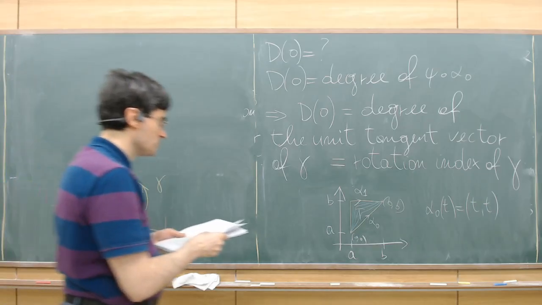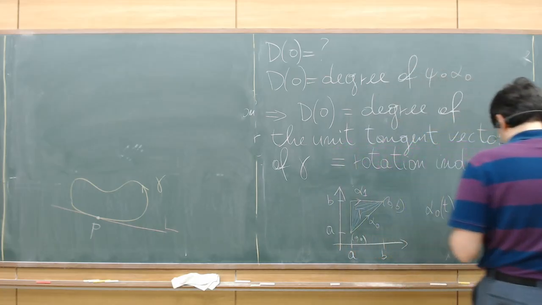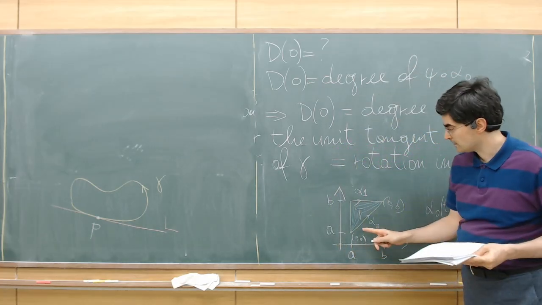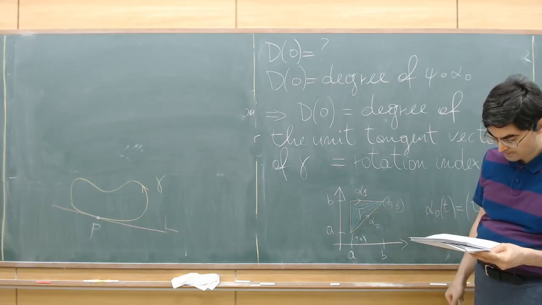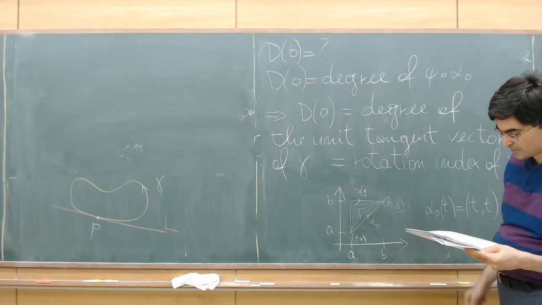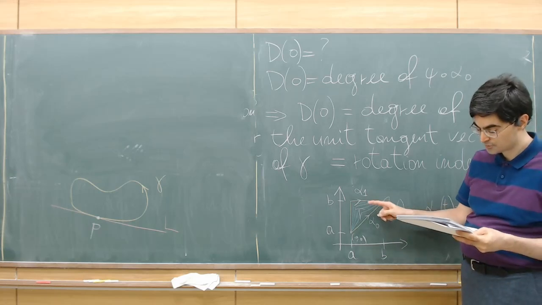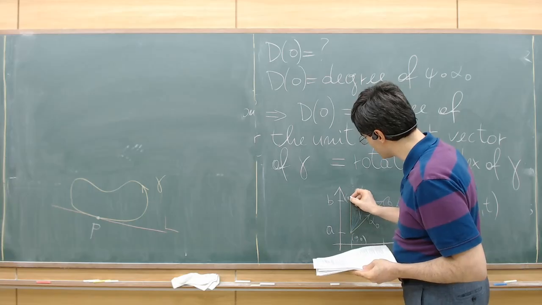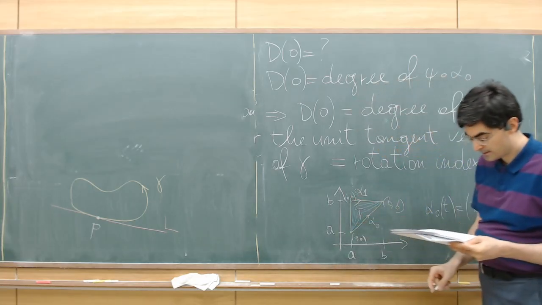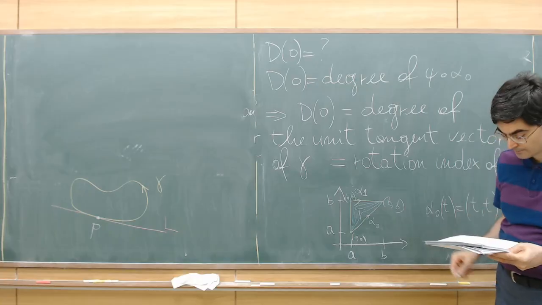Okay, now let's observe the parameterization alpha 1. So alpha 1 goes first from (a, a) to (a, b), which is this point, and then from (a, b) to (b, b).